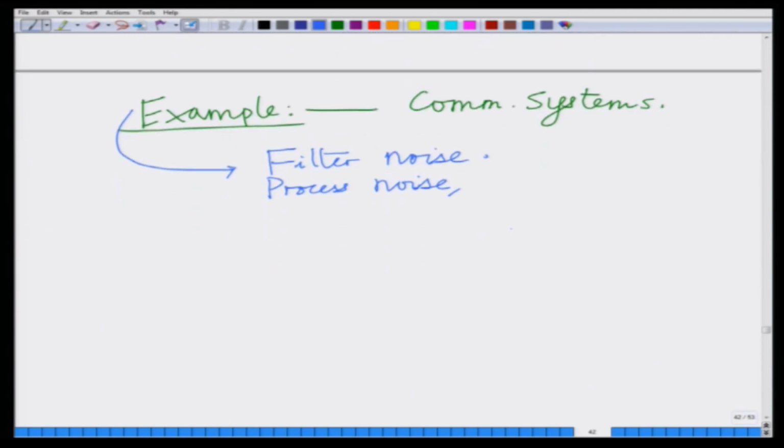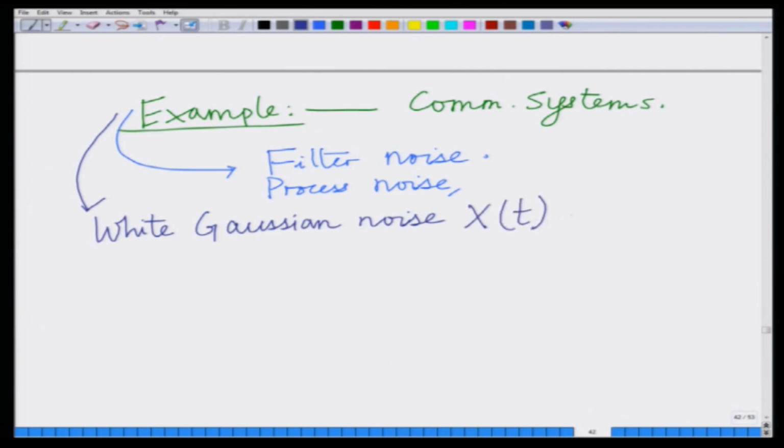So, let us consider a white Gaussian noise X(t) passed through a filter, let us say a low pass filter.